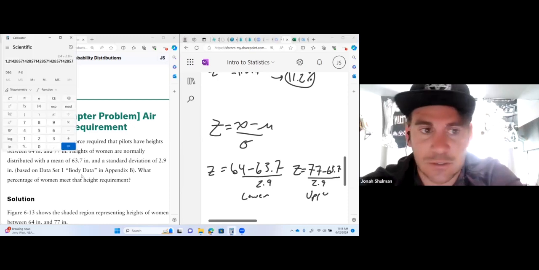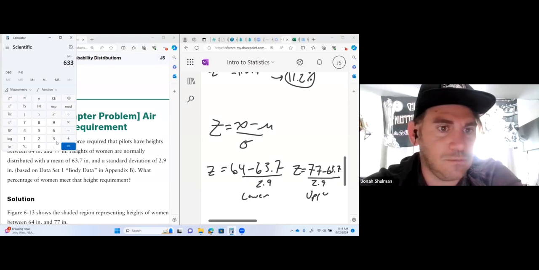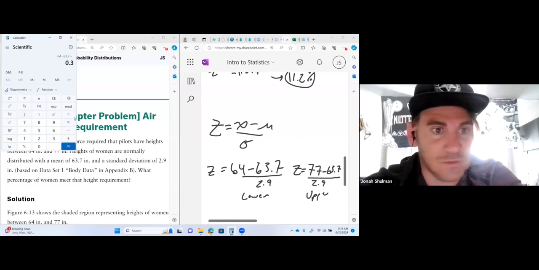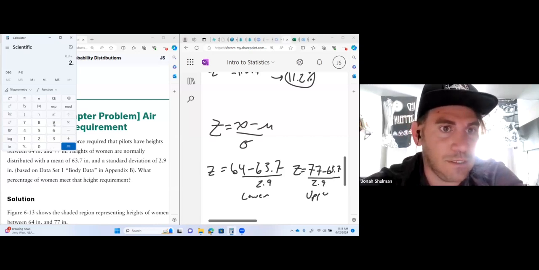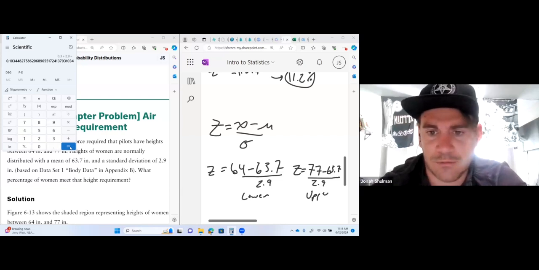And we're just going to let the calculator kind of help us out. 64 minus 63.7 is 0.3, obviously, divided by 2.9. So we know our lower one's going to be 0.103.